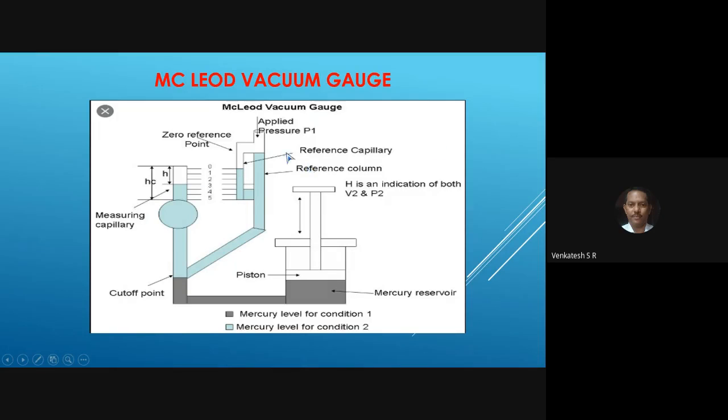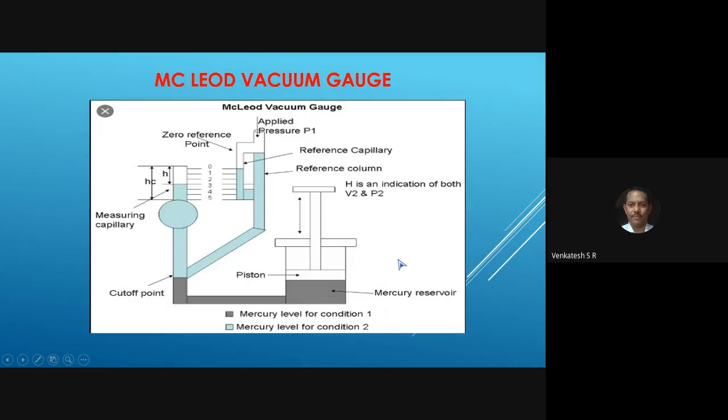The McLeod vacuum gauge satisfies Boyle's gas law, that is P1 V1 equal to P2 V2.